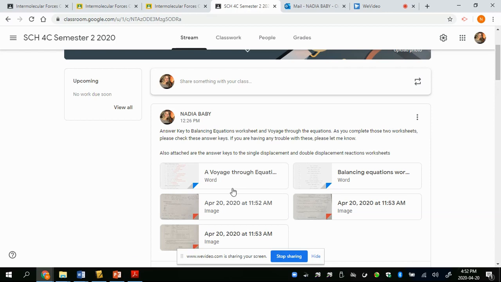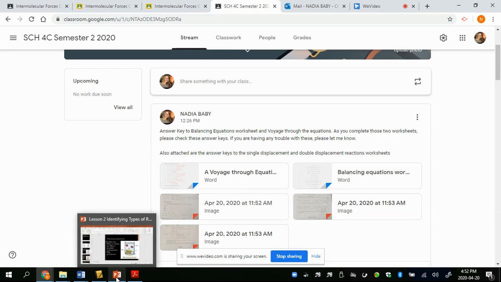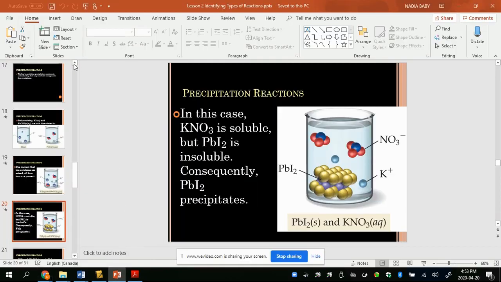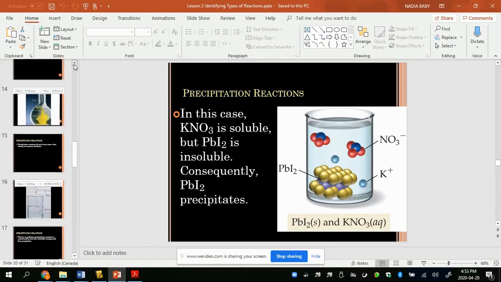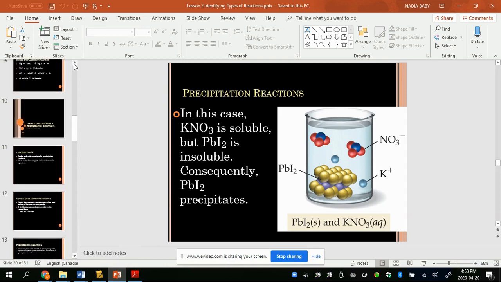So we're going to start off by taking up the single displacement worksheet because that's where we ended off last lesson. I talked about the activity series list, and I said that depending on your activity series list from this note here, it can tell you which metal will displace another metal.